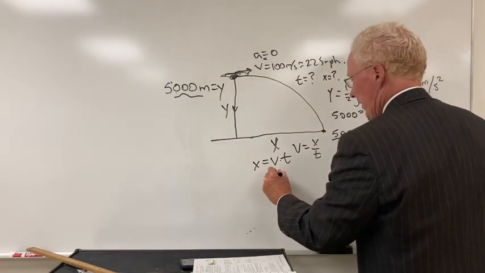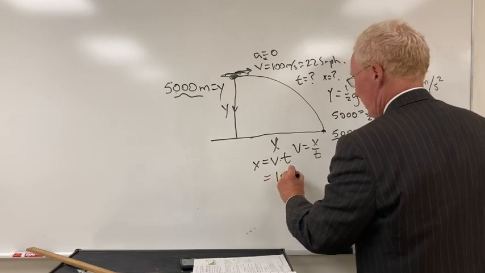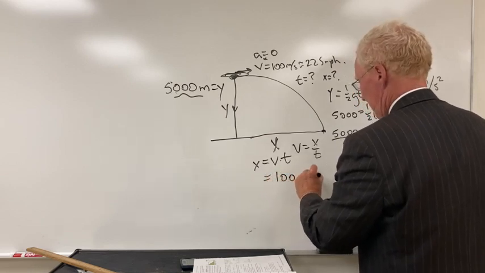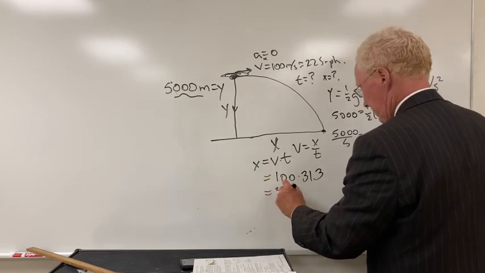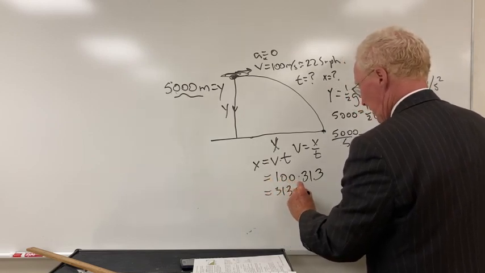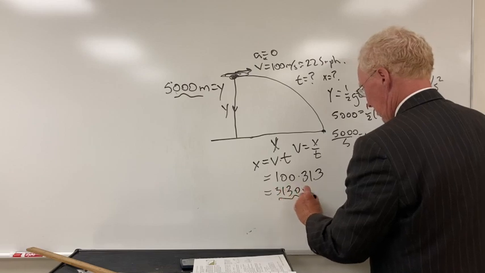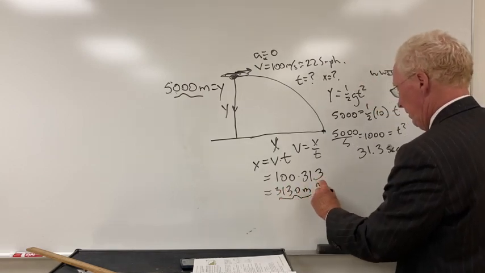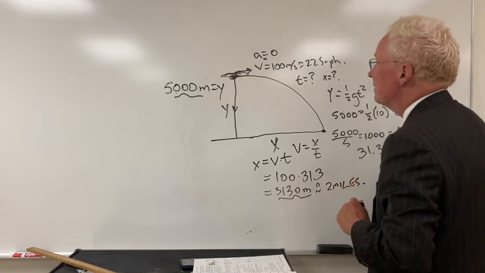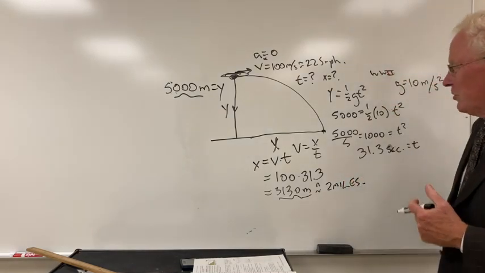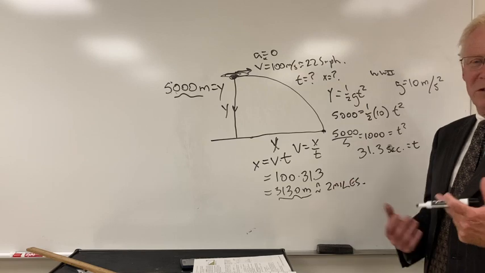So that's going to be 100 times 31.3, or 3,130 meters, which is about 2 miles. So the bomb would actually land 2 miles down from where you dropped it.